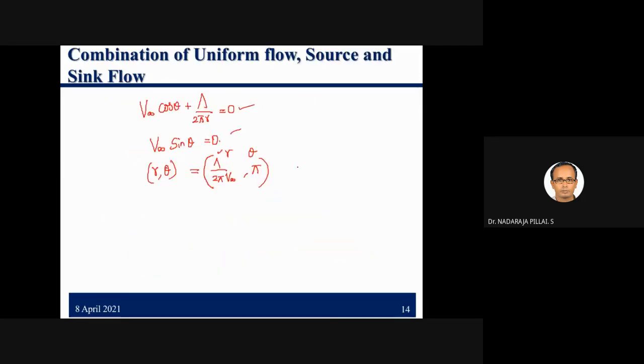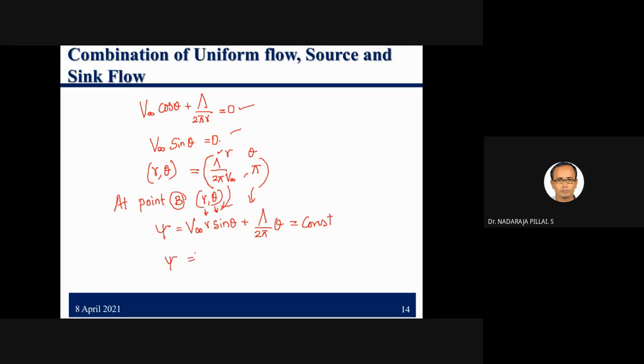Now we can write the equation psi at point B, which we want to calculate. We know r comma theta, and hence I will write psi is equal to V infinity r sin theta plus lambda by 2 pi theta is equal to constant. Now I want to substitute this r and theta.